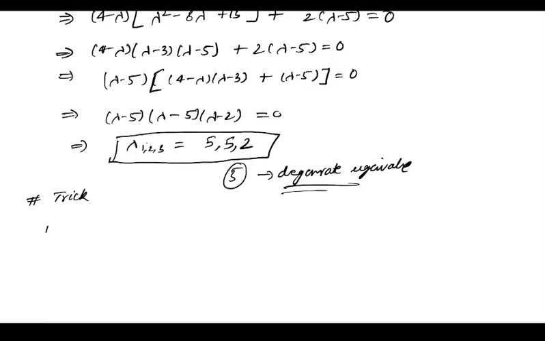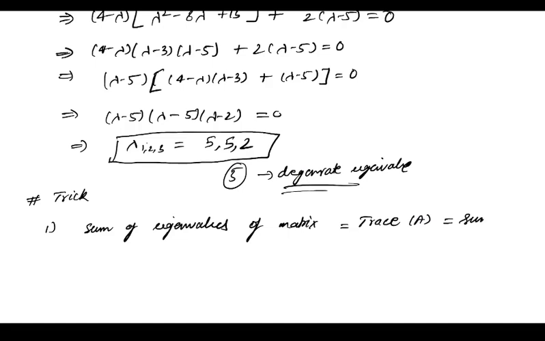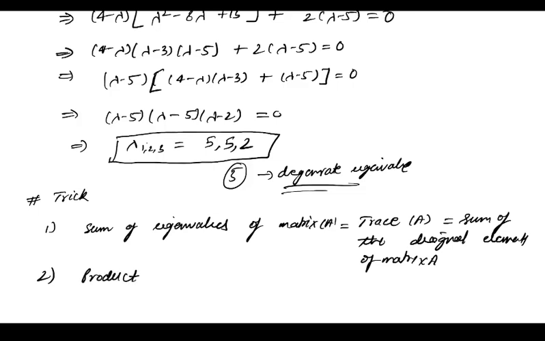We know that the first property is that the sum of the eigenvalues of a matrix is equal to the trace of the matrix, and trace is nothing but the sum of the diagonal elements of matrix A. The second property is that the product of the eigenvalues of a matrix A is equal to the determinant of that matrix.